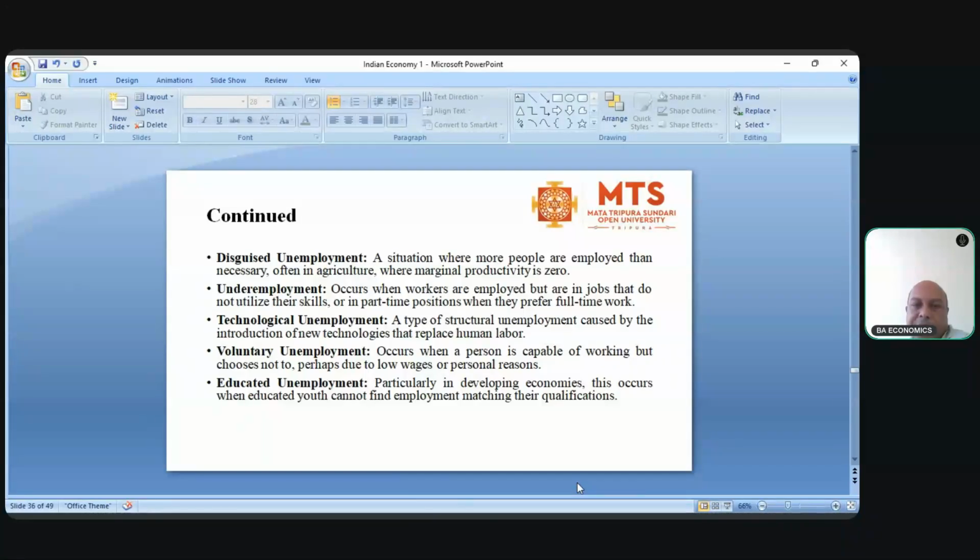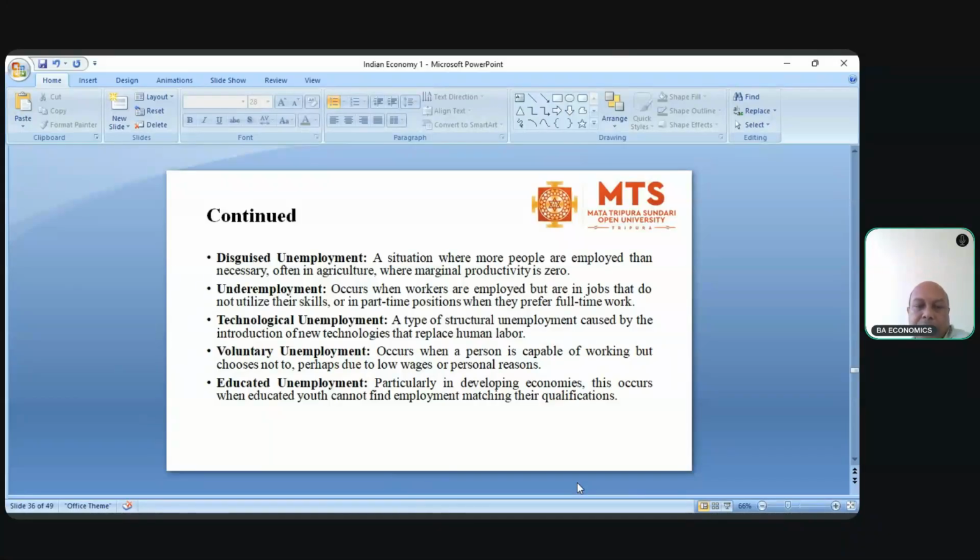Parents or grandfathers had huge assets, so there is no need for the future generation to work. In the market, work exists, but those people do not want to work. Basically, they are lazy people who collected huge assets from their father or grandfather. Those people are known as voluntary unemployed persons.